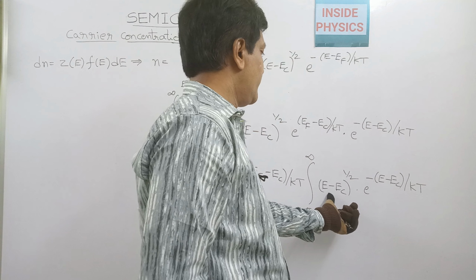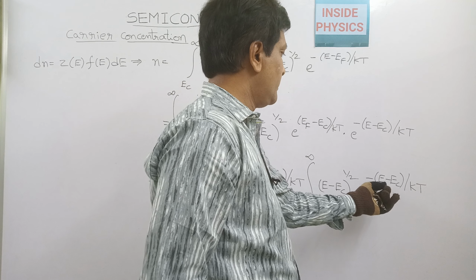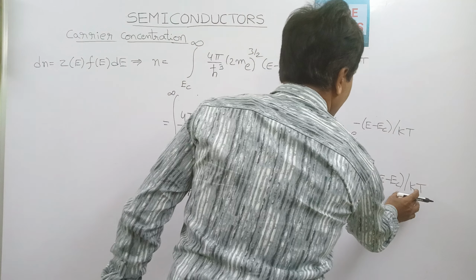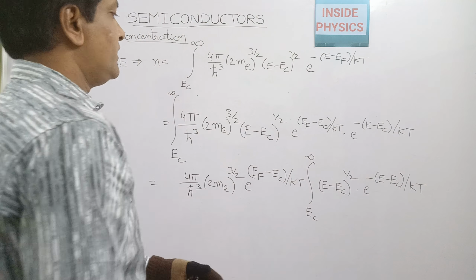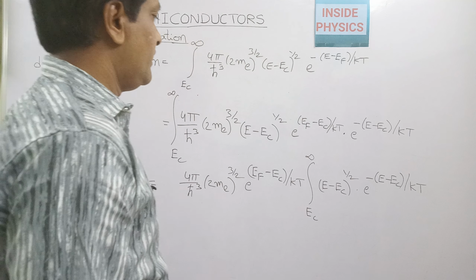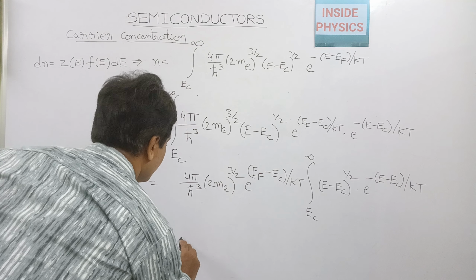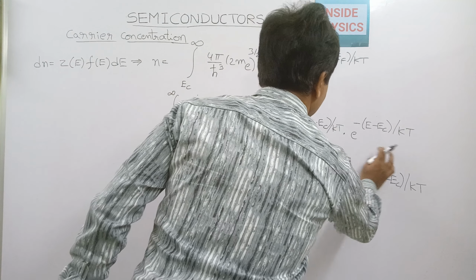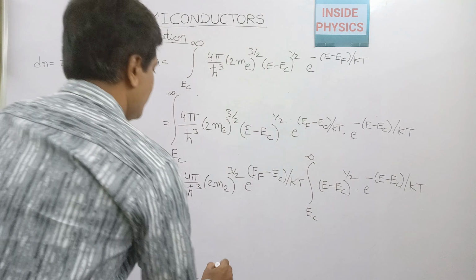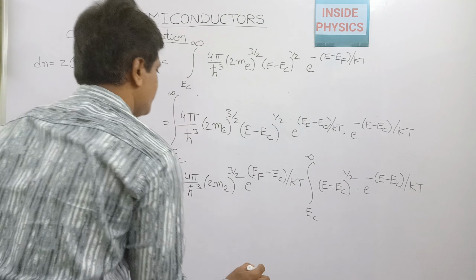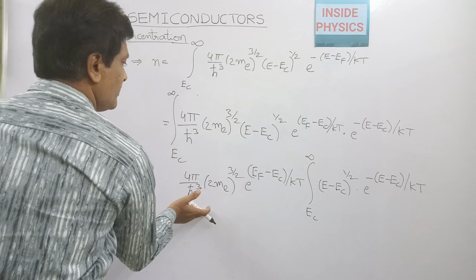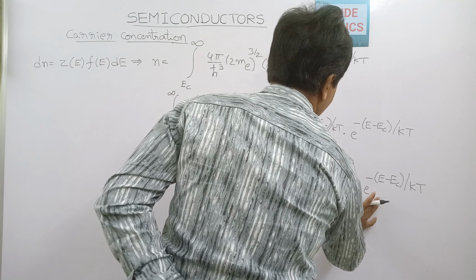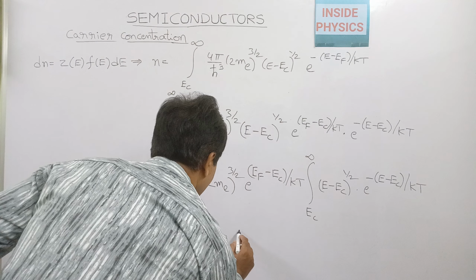If you take E minus EC as x, we have e to the power minus ax into dx, and we can get this integration form as another integral form and get the solution of that. This term will remain the same.